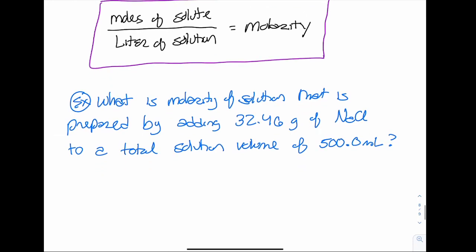So we're making a solution. We're taking 32.46 grams of sodium chloride. We are dissolving it into a total volume of 500 milliliters.